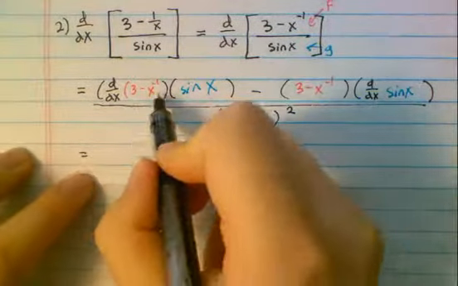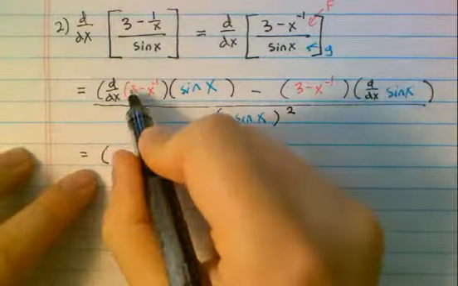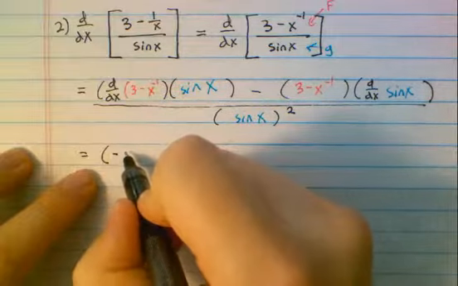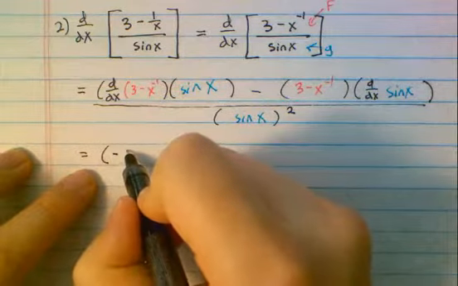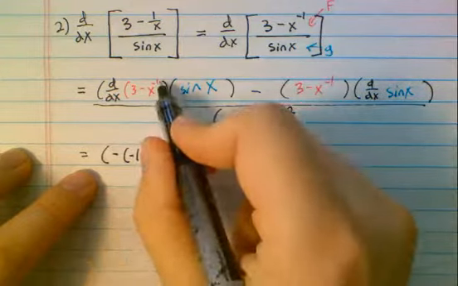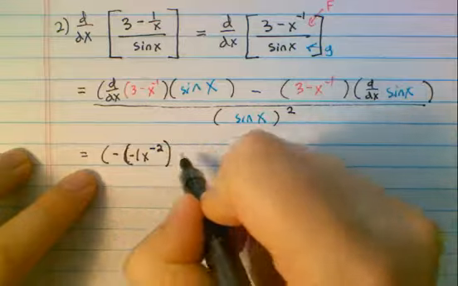Derivative of 3 is 0. So we don't need to put that in, but we've got this negative, and then the derivative of x to the negative 1: negative 1 x, then subtract 1 from the exponent to the negative 2.